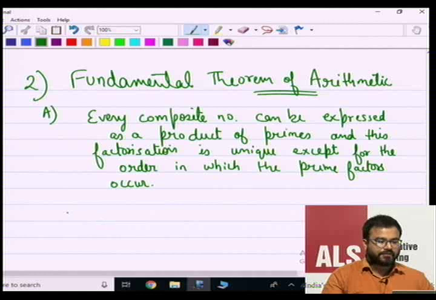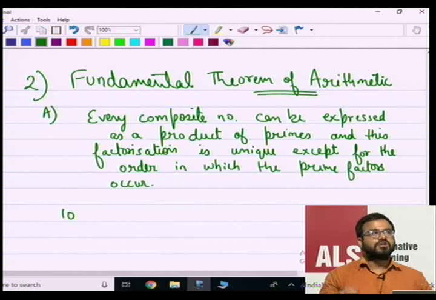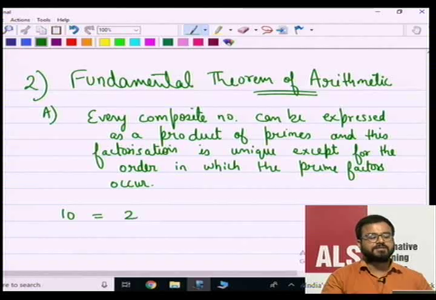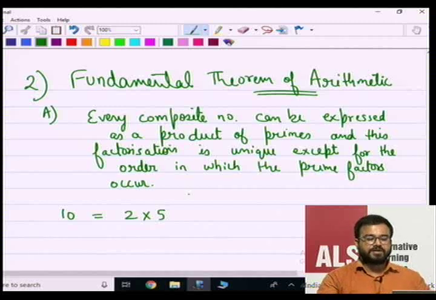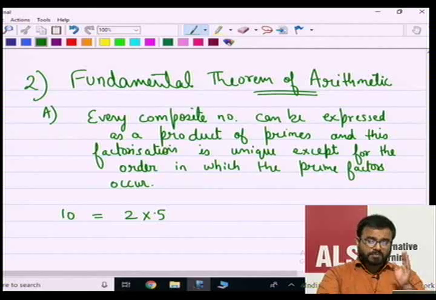Like if we take a number, let's say 10, 10 is a composite number. So we can write 10 as a product of primes. 10 can be written as 2 into 5. Now 2 is a prime number, 5 is a prime number, but 10 is a composite number. So 2 into 5 will represent only 10.